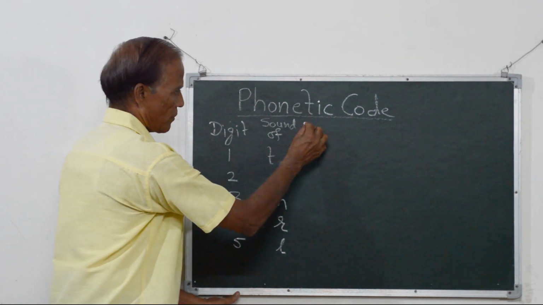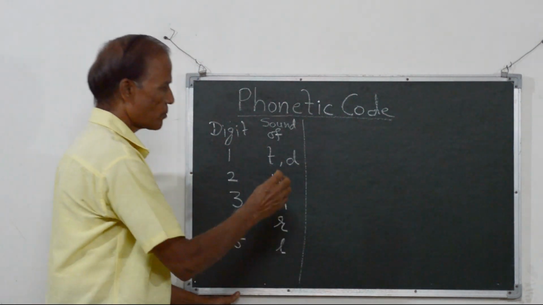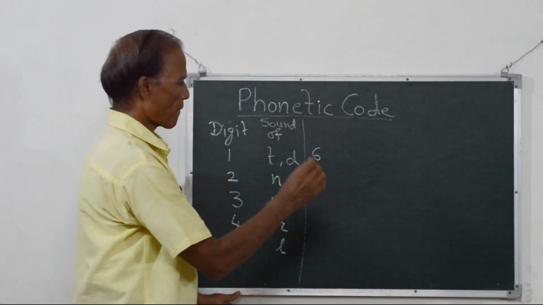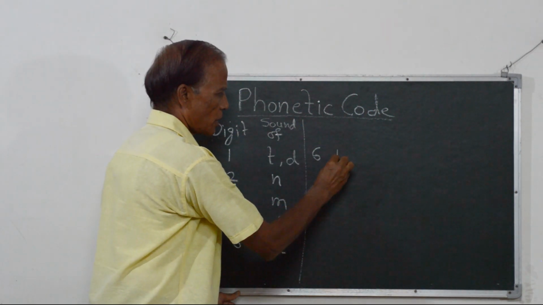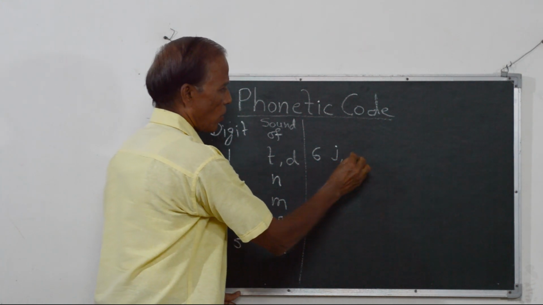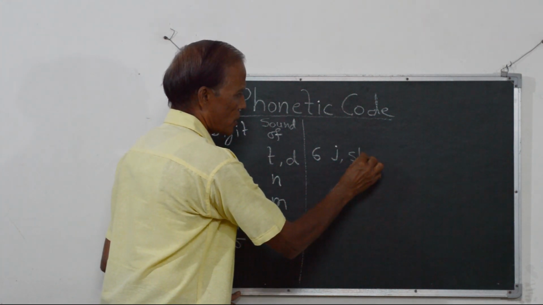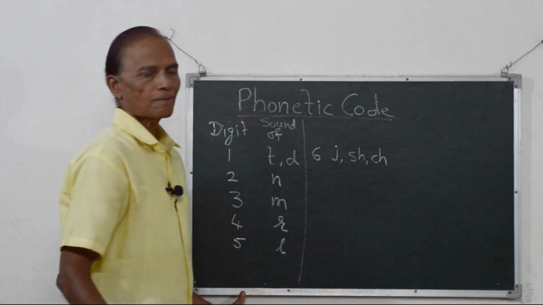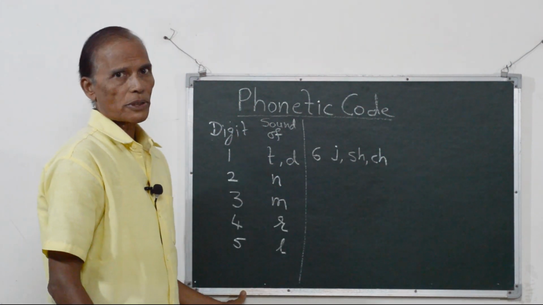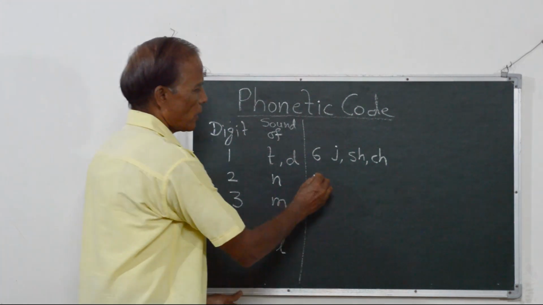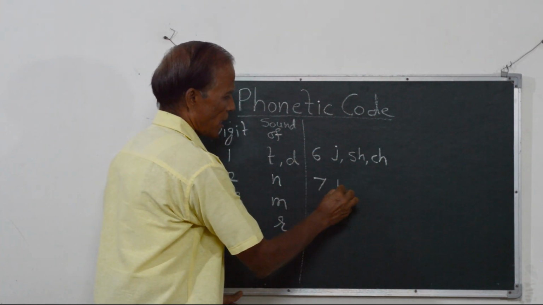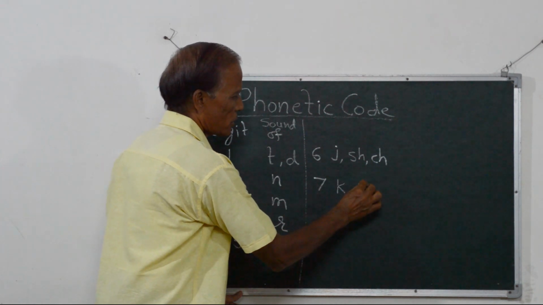Then I will go to the second column now. For 6, we will be using J or SH or the sound of CH. So there are 3 choices for 6. Then for 7, we will be using the K sound or G sound.